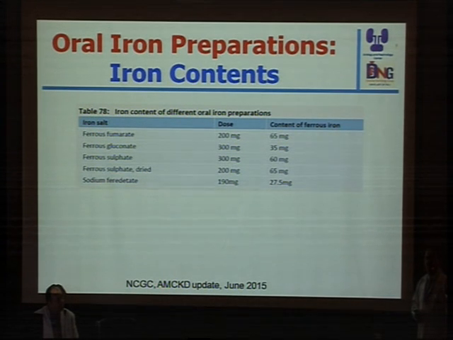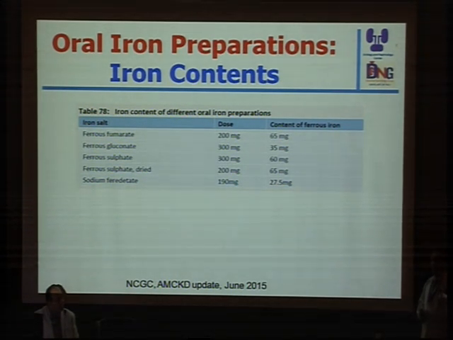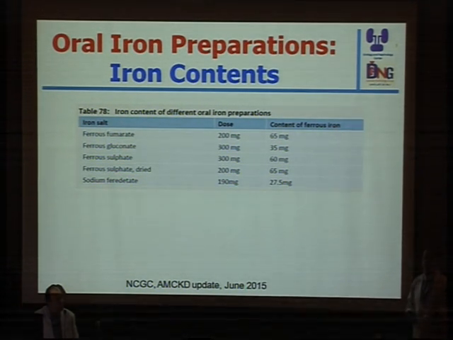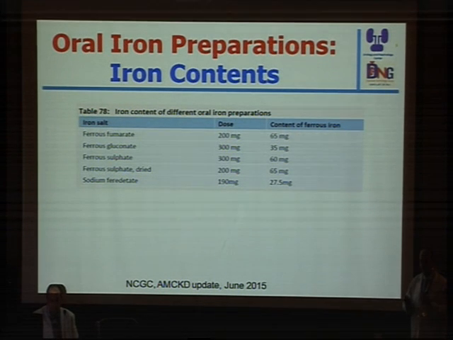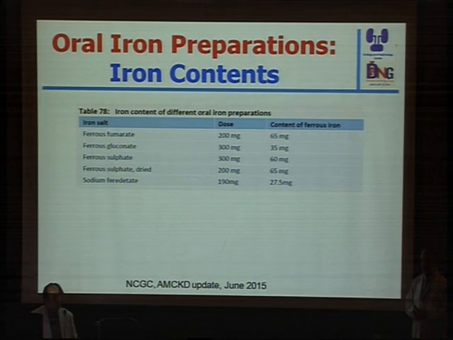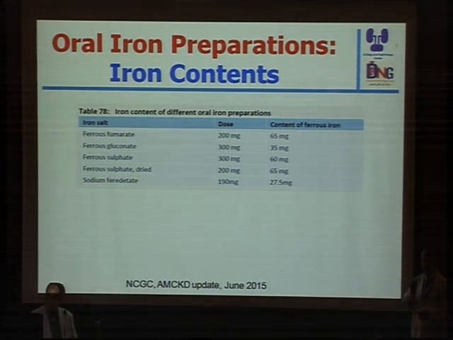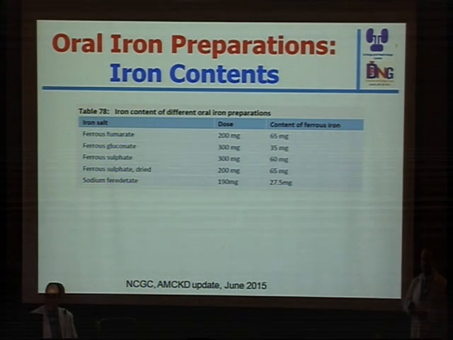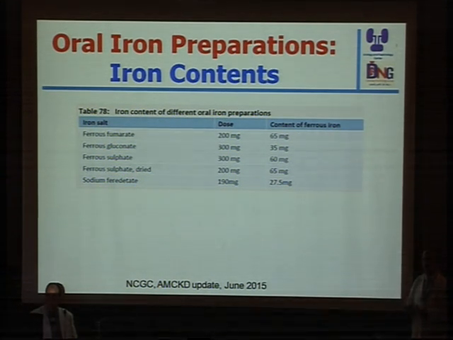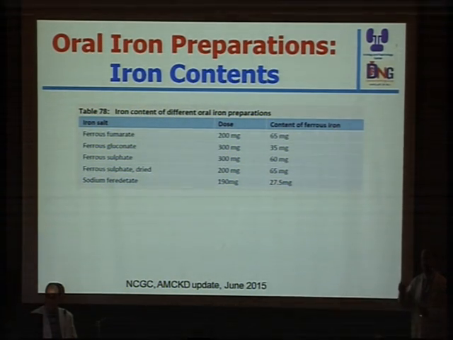What is the pitfall in oral iron therapy? It's not only that, if you have, for example, ferrous sulfate, you will say, I give him 1 tablet of ferrous sulfate. We don't know this. The treatment of oral iron depends upon giving 200 milligram elemental iron per day for 8 weeks.